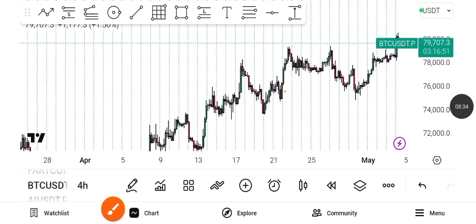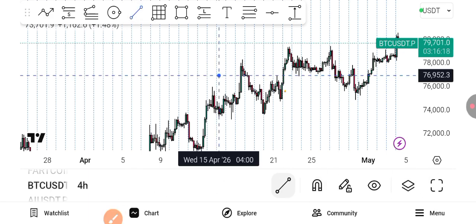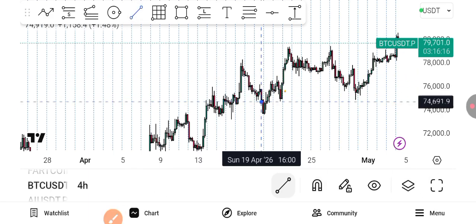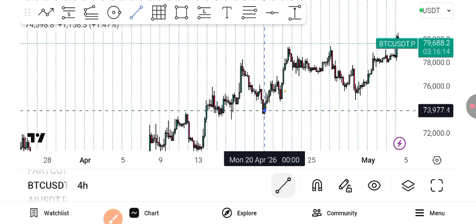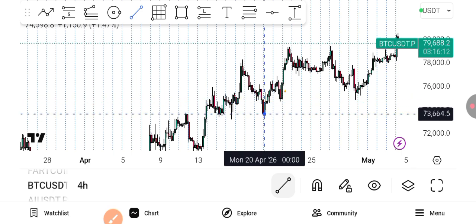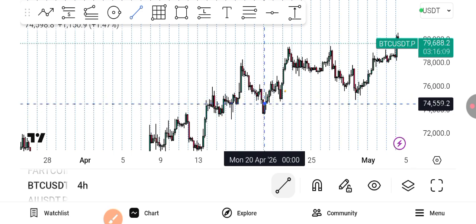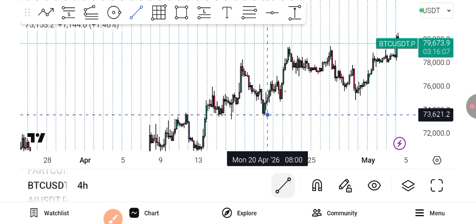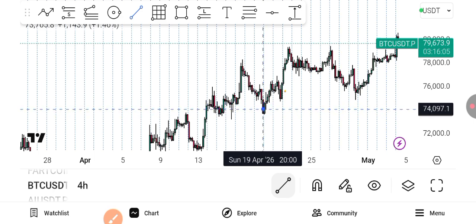Sorry about that. We have the piercing line. This is a piercing line. If you watch, the red is more than half of the green here. Hope you can see that.